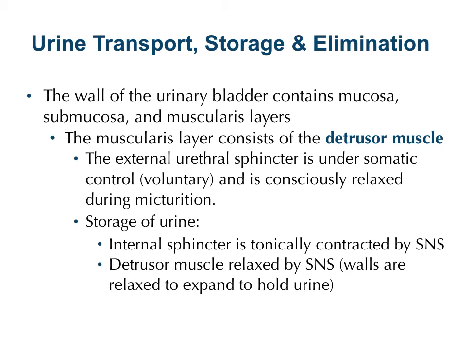When the bladder is storing urine, the internal sphincter is tonically contracted by the sympathetic nervous system, the SNS, to keep that sphincter closed and hold the urine in. At the same time, the detrusor muscle is relaxed by the SNS to expand the walls of the bladder to hold a large volume of urine.